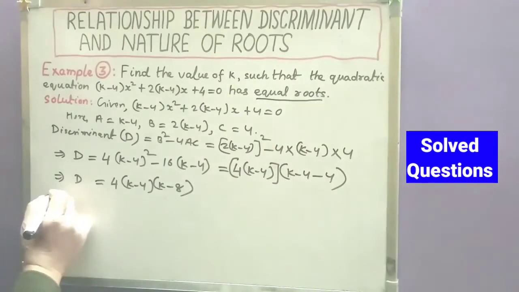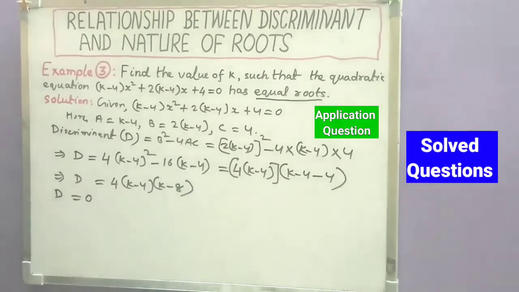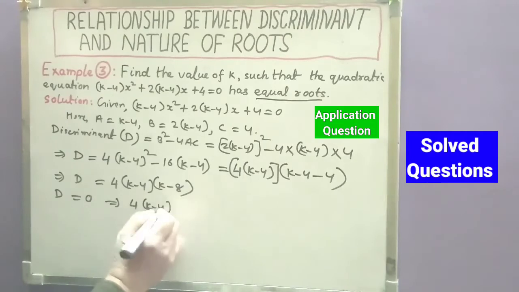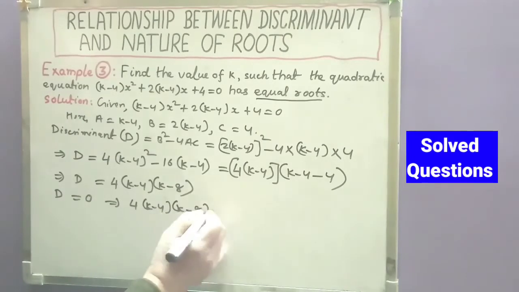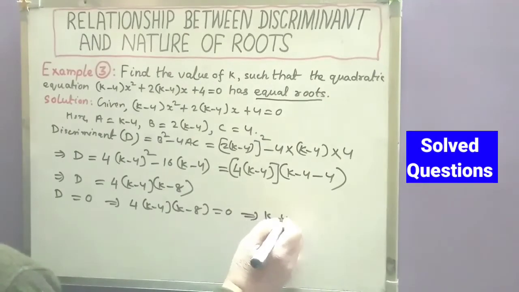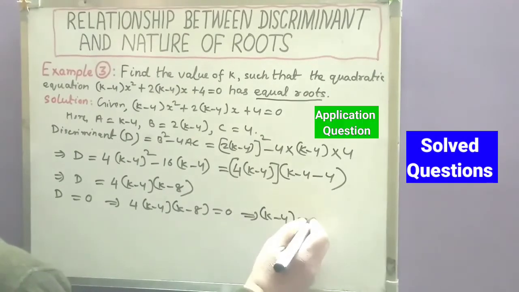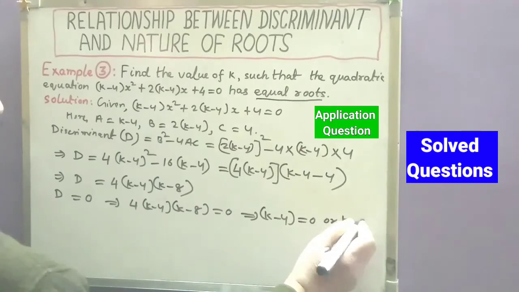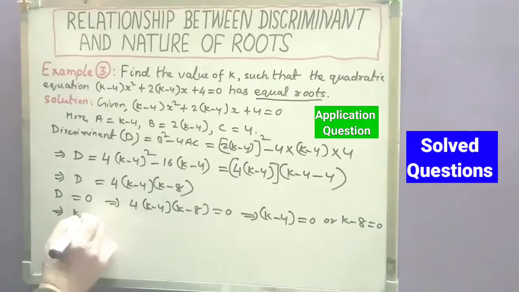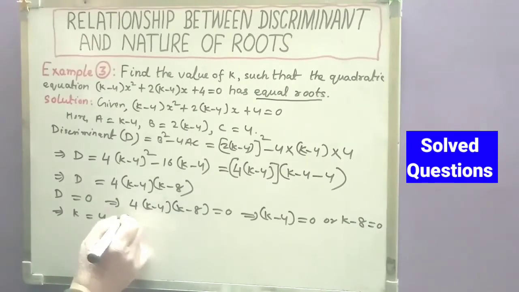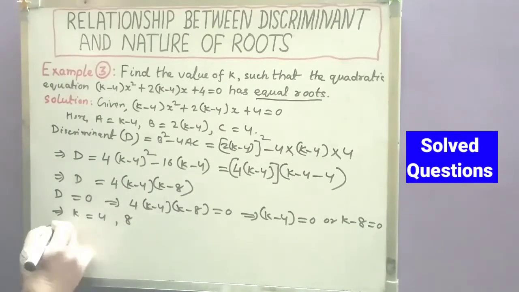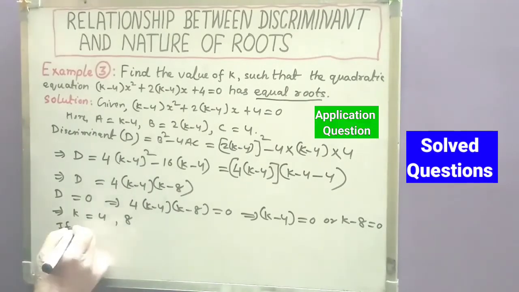Since the equation has equal roots, d equal to 0. That implies that 4 whole into k minus 4 whole into k minus 8 equal to 0. That implies that k minus 4 equal to 0 or k minus 8 equal to 0. That implies that k equal to 4 and 8. Let's examine these two values of k.